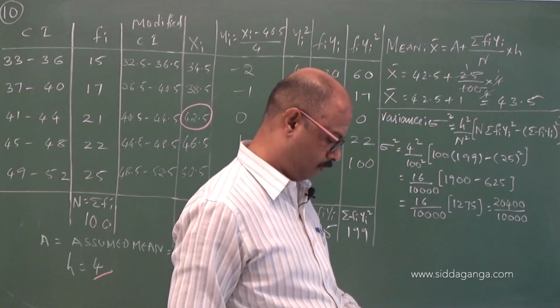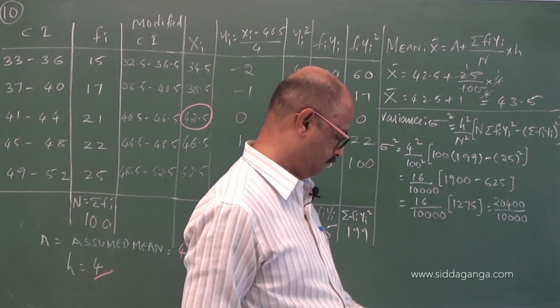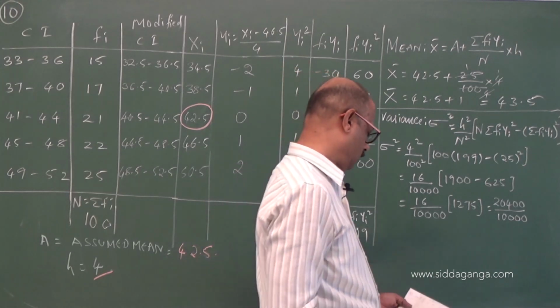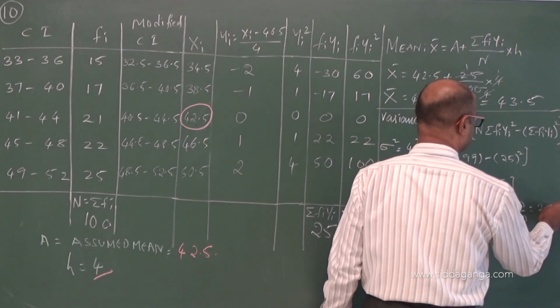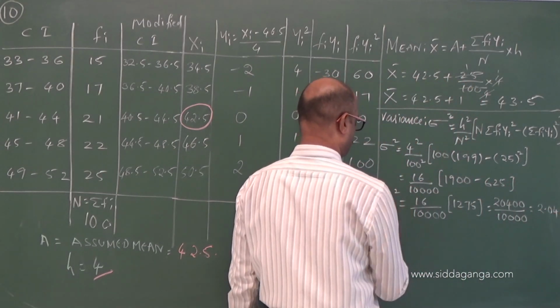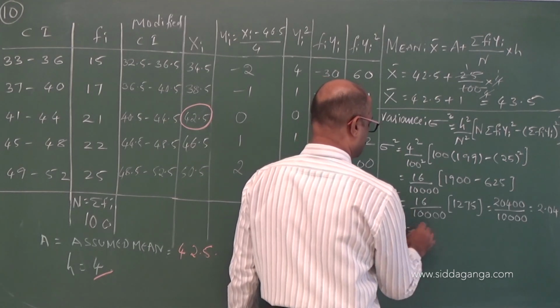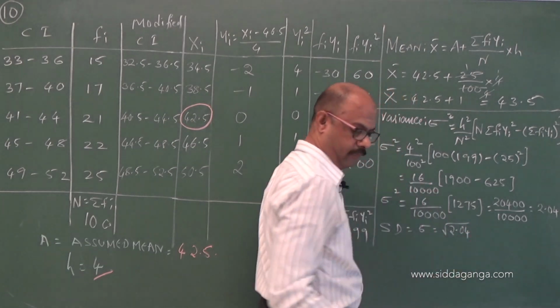You will get 30.84. This is sigma square. Standard deviation sigma is given by root of 30.84.